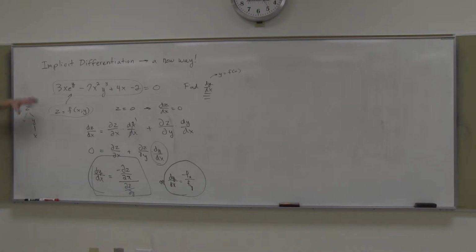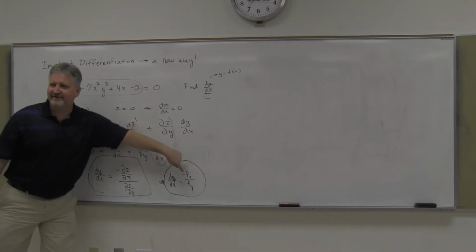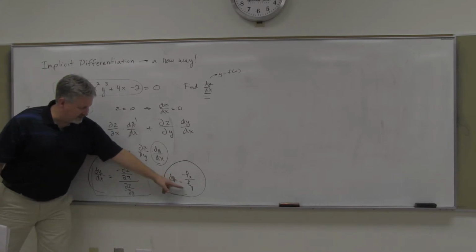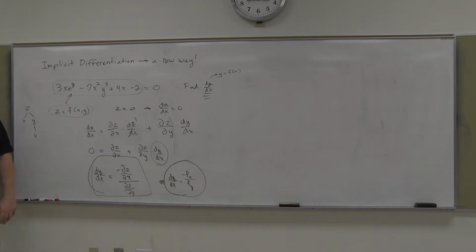Because remember, when we did our d/dx of both sides, we had to do the product rule, and that would involve a lot of product rules and dy over dx. But here, this cuts right to the chase. Okay, you just do the partial of this thing with respect to x, and then do the negative of it, and then divide it by the partial of f with respect to y.